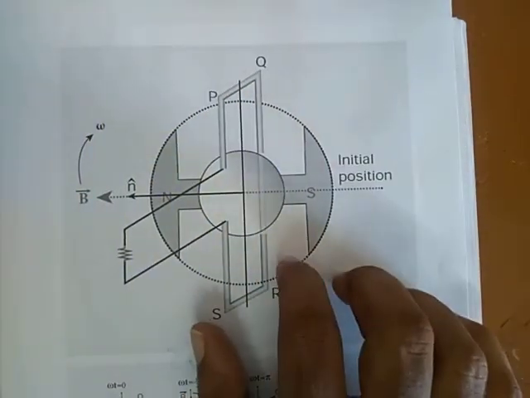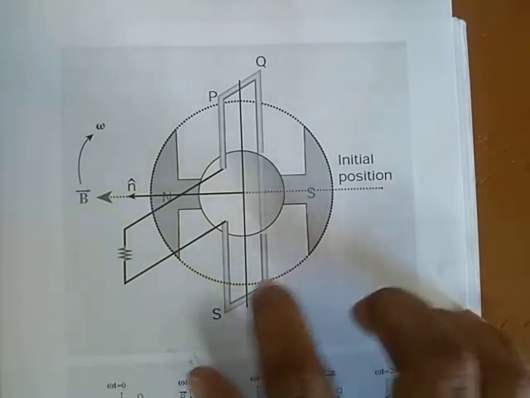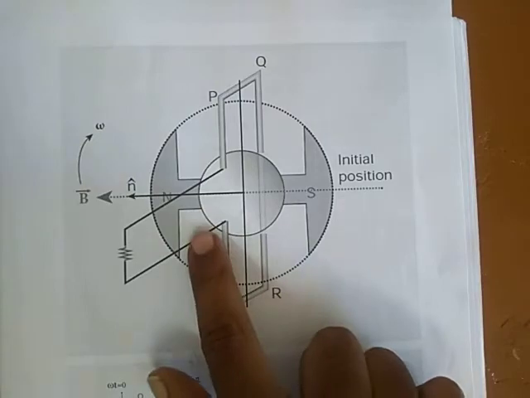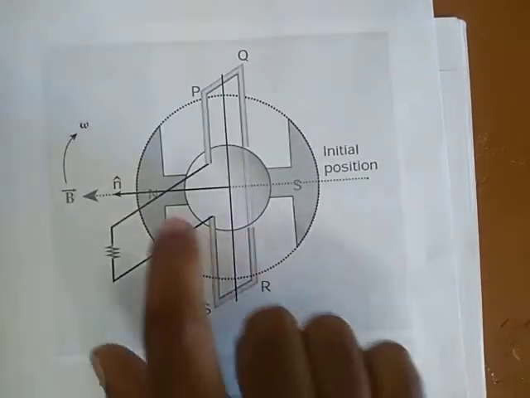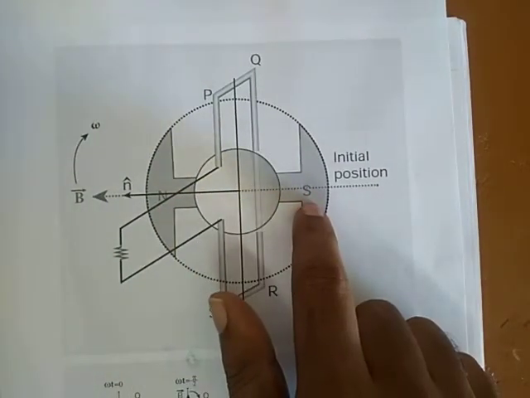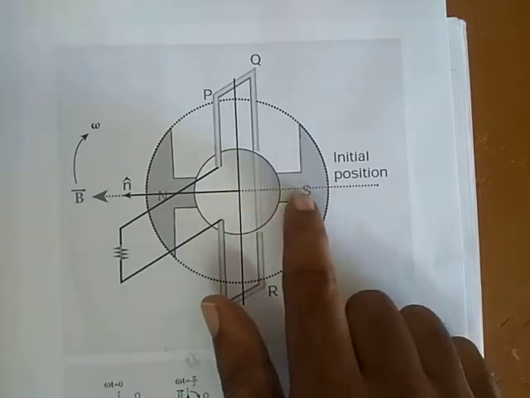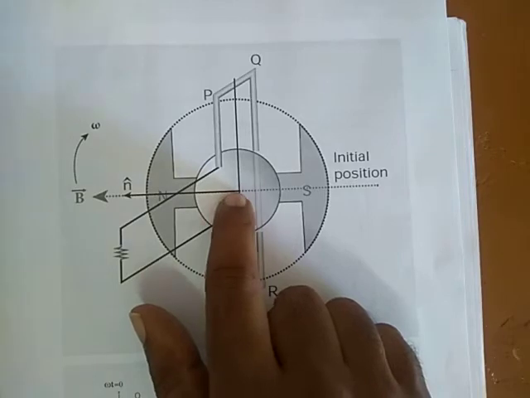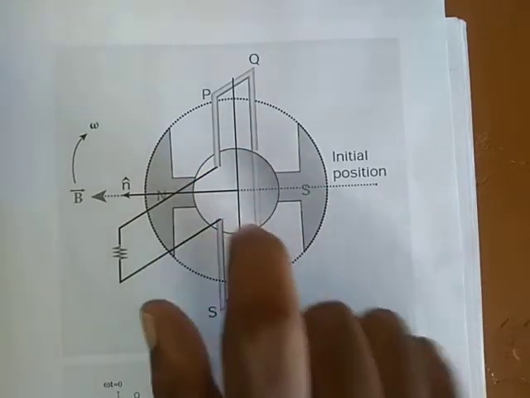Here is a simplified version of an AC generator. A single turn rectangular loop PQRS is mounted on a stator, and the field winding, that means the magnet, is placed inside the stator. It is rotated about its axis that is perpendicular to the plane of the sheet.